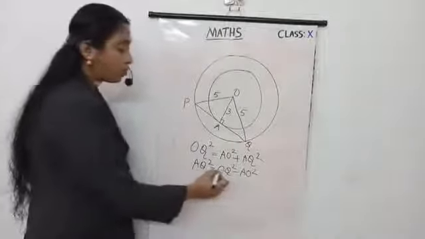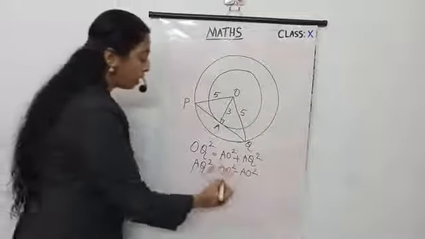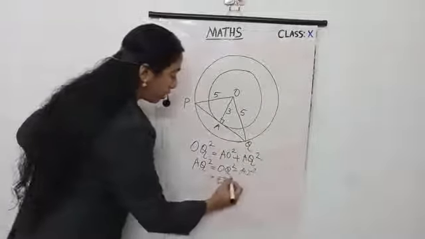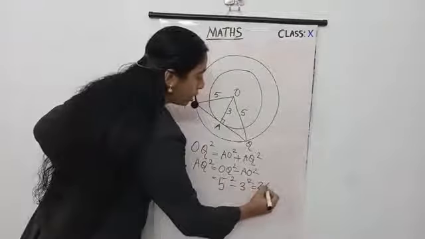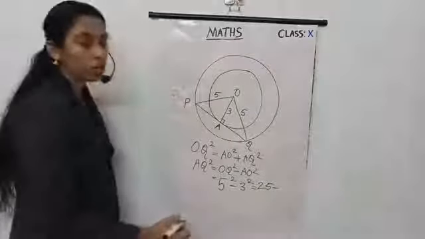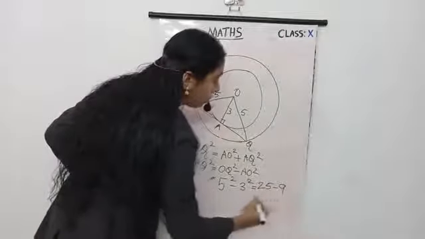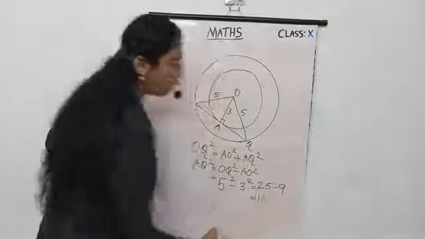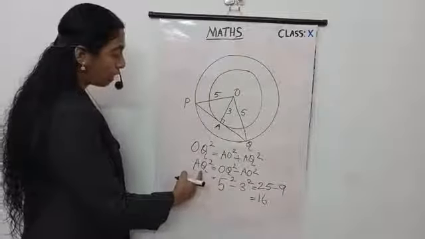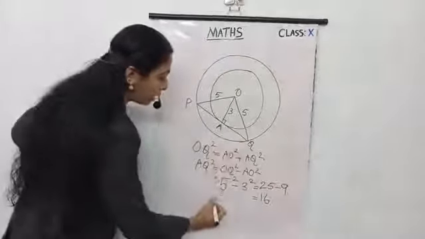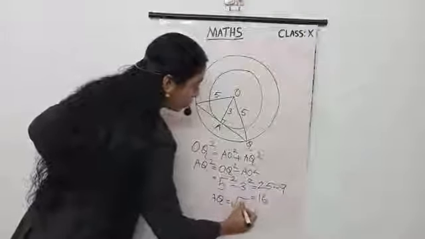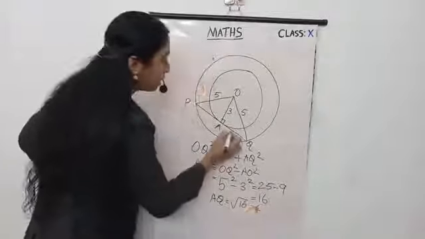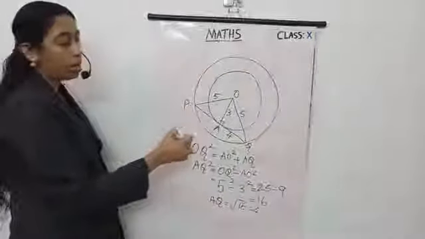Substituting the values of OQ and AO, that means 5 square minus 3 square, 25 minus 9, we get 16. Now AQ is equal to root of 16, which is 4. That means this length is 4.